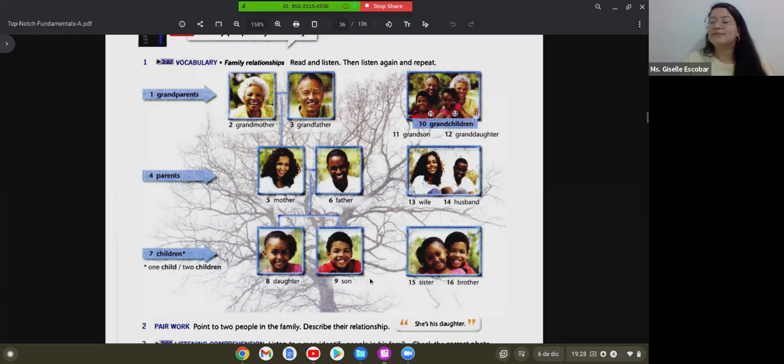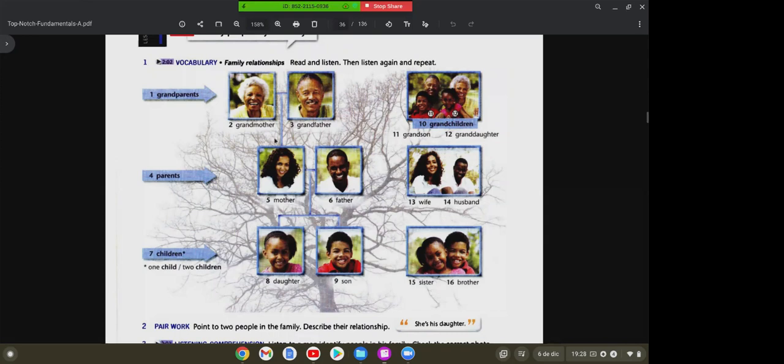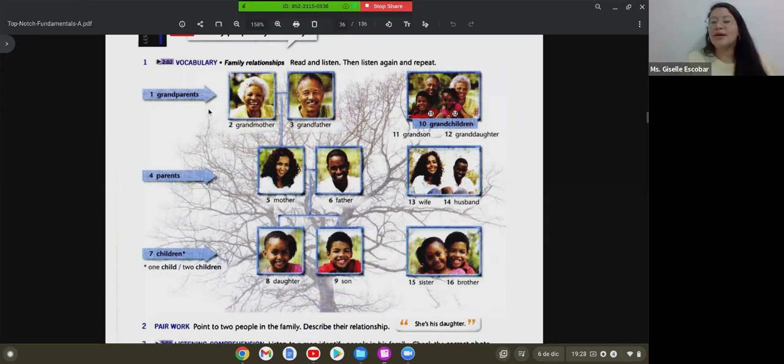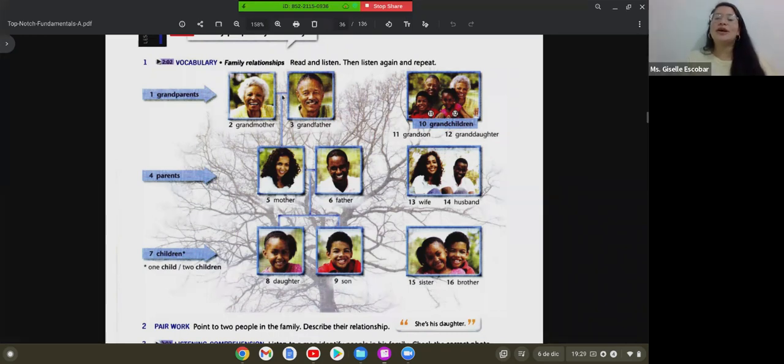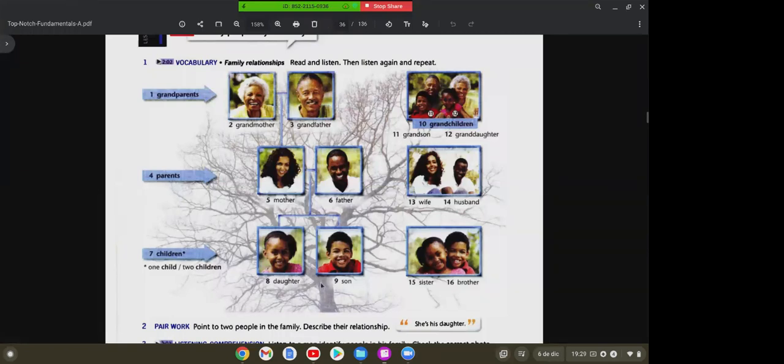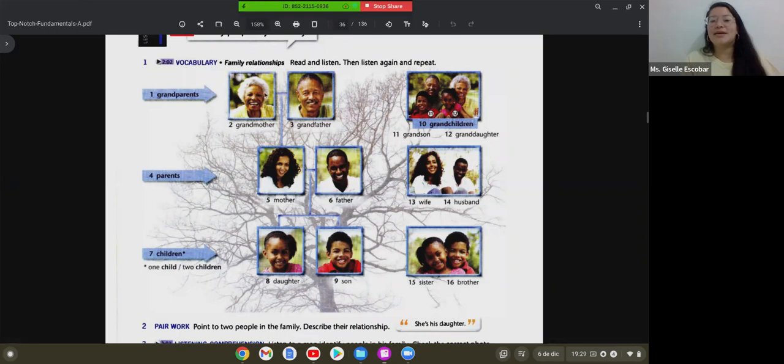Okay, he is her grandmother. Ahí estamos diciendo, él es el abuela de ella. No tiene mucho sentido, ¿verdad? Entonces, he is her grandson. Él es el nieto de ella. He is her grandson.